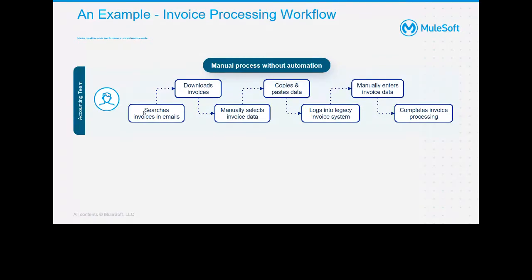Then they log into some legacy invoicing system, manually enter the invoice data, and complete this invoicing process. These are a couple of steps which happen, and we can take this as an example. Each of these steps where they manually do all these activities can be automated. You might think, how can you automate everything?